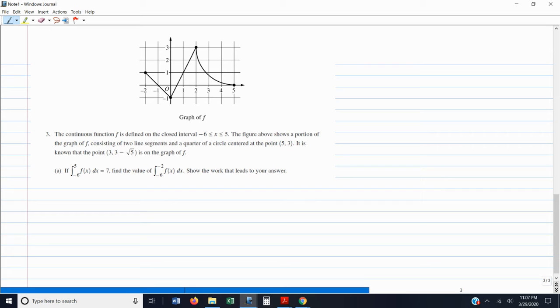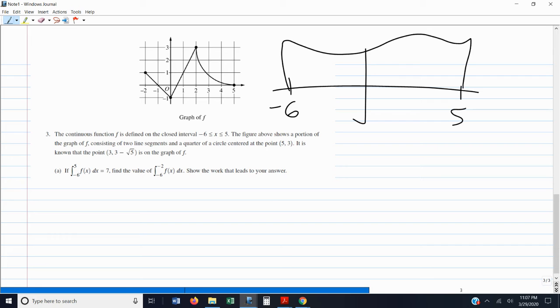So this question is about integral properties, and I'm going to just draw a really general graph here to remind you how we could do this. They gave you the area from -6 to 5. I'm going to draw some random graph here, and they're asking us for the area from -6 to -2.